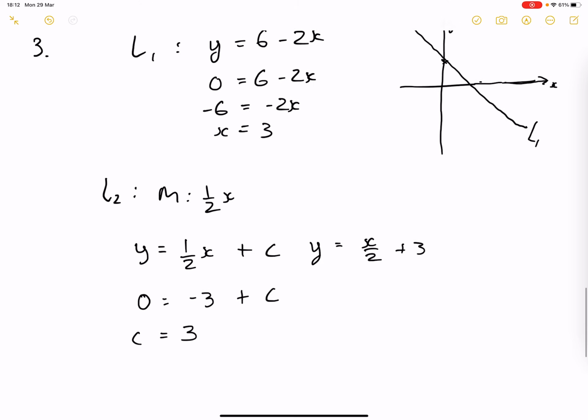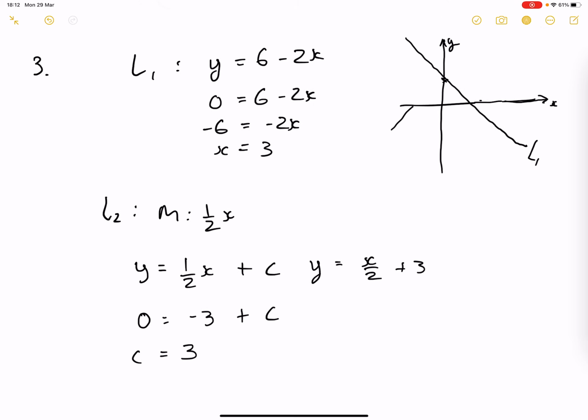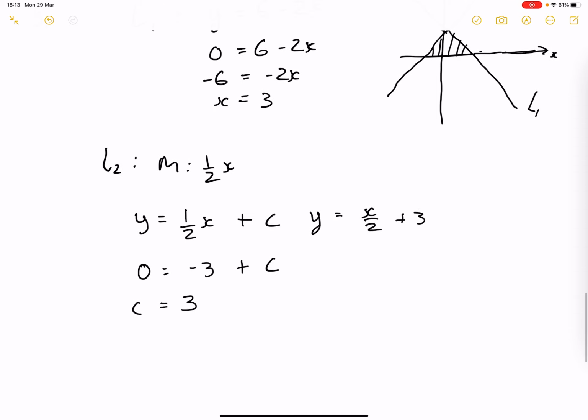The y values will be the same for these two lines which intersect at this point, not necessarily on the axis, so that line's not correct. I'm going to draw that through there. I want to calculate the area of this triangle, is what the question is asking me to do. I probably should have mentioned that at the start.